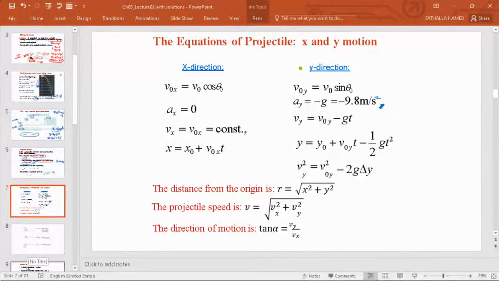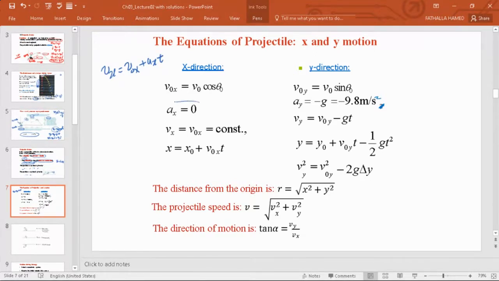So when we look at the description of how an object moves as a projectile motion in 2D, for the x direction, we have a set of equations. The first equation that we deal with is that Vx is equal to V0x plus ax t.